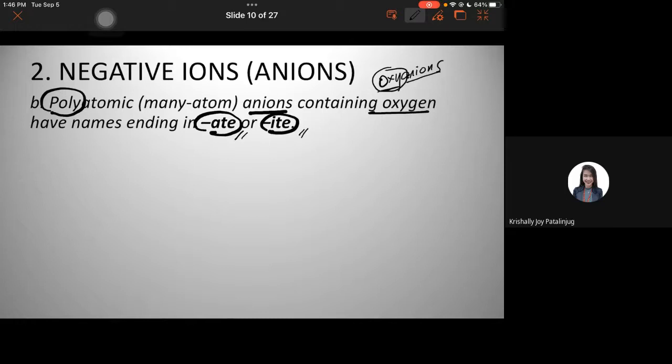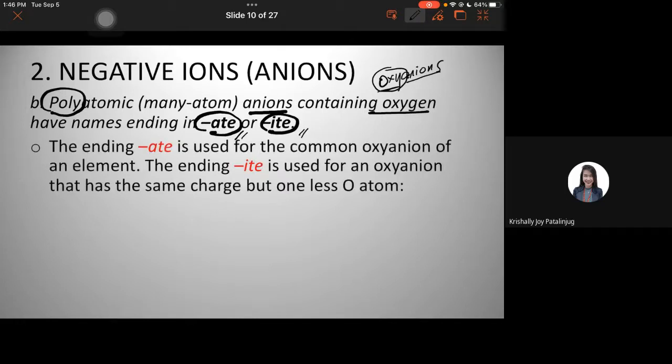For you to easily memorize these oxyanions, all you need to do first is get familiarized with the common ones. Just memorize the common oxyanion of an element, those ending in ATE. Let me have the empty slide.